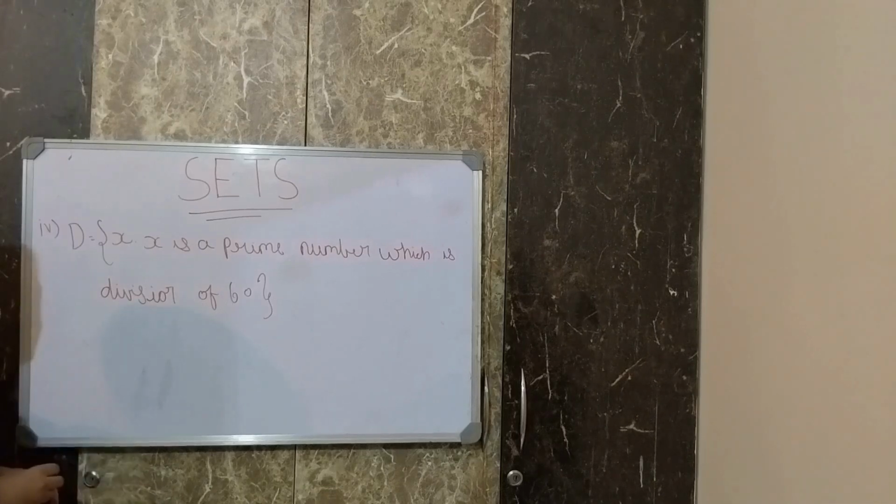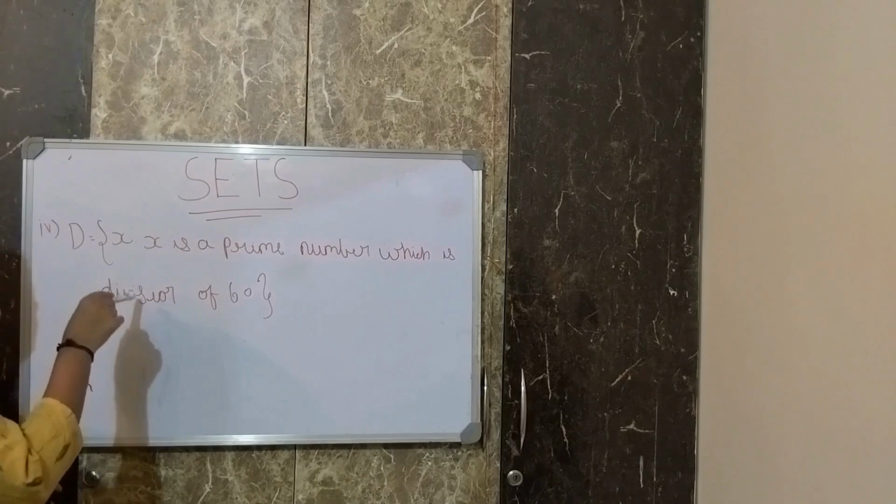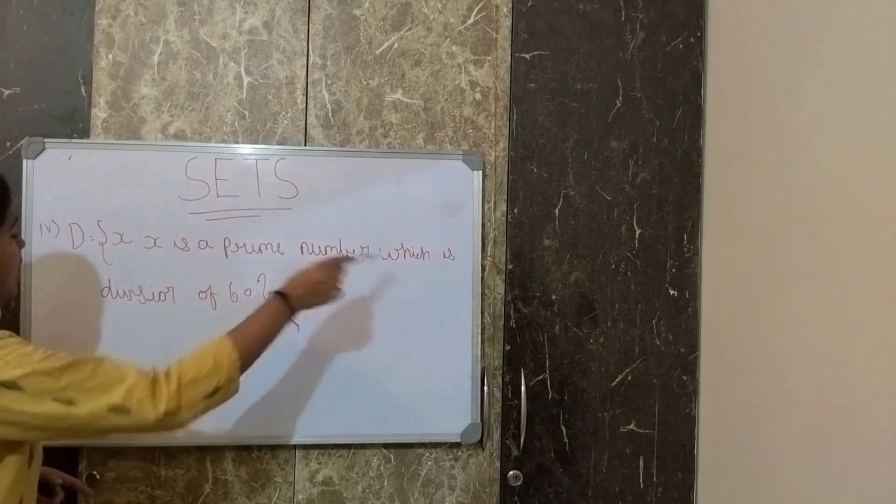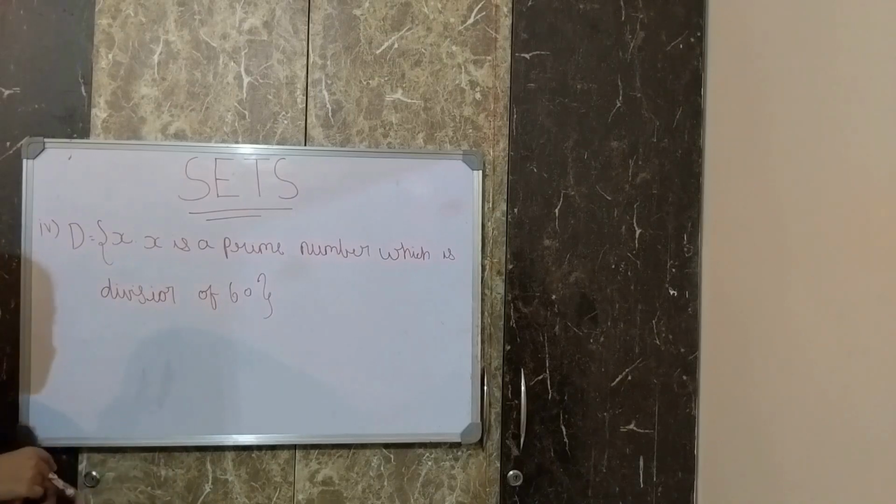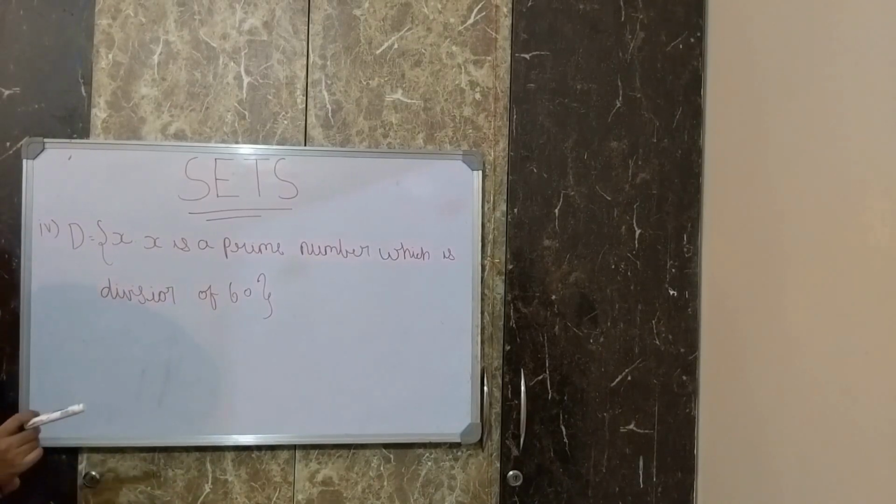Moving on to the fourth one, they have given that set D equal to x such that x is a prime number which is a divisor of 60. So what do you know about prime numbers? Prime numbers are the numbers which are divisible by 1 and itself, right? So D is a set which contains those prime numbers as its elements which divide 60.